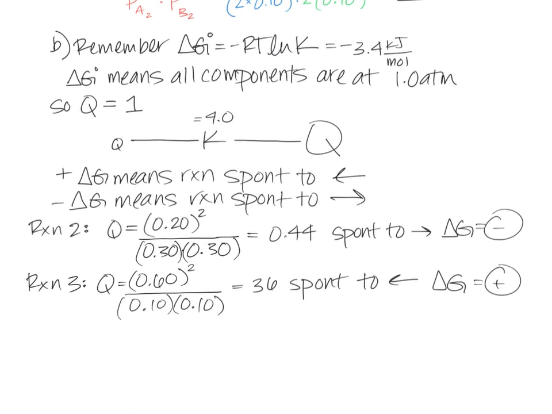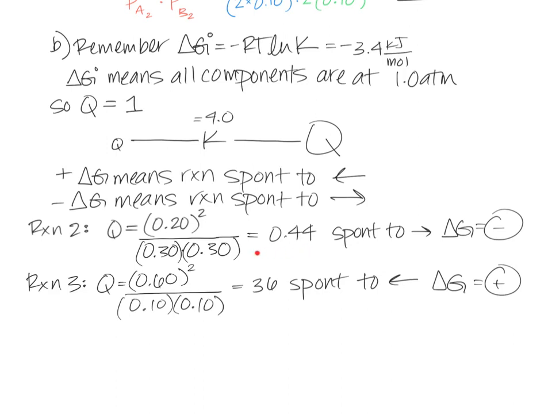All right, so remember that a positive delta G value means the reaction is spontaneous to the left. That means your Q is greater than K, so it needs to go back toward K to reach equilibrium. And then a negative delta G means the reaction is spontaneous to the right, so we're looking for a Q value that's smaller than K. So plugging in all the values that I have for reaction 2 and 3, I took these from the diagrams and took into consideration the number of molecules for products and reactants.